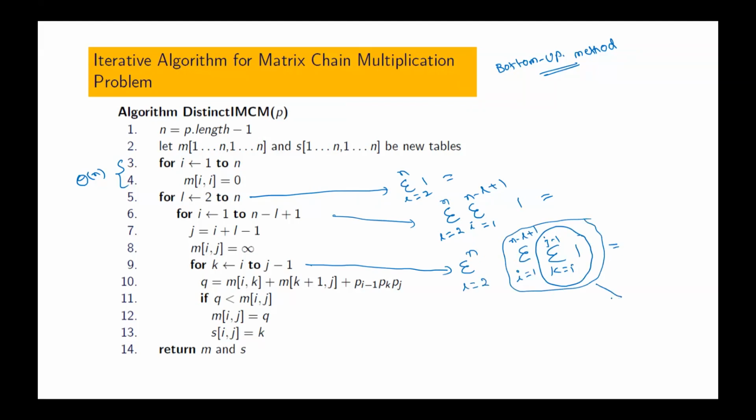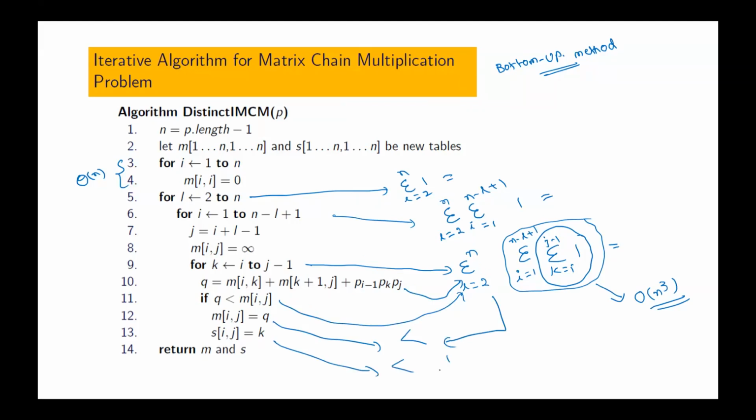If we simplify, we can easily show that it is n cube. Other steps are anyhow simple steps only. So this operation is also performed the same number of times. Even this operation is also performed the same number of times. This is less than this many number of times. This is also less than this many number of times.